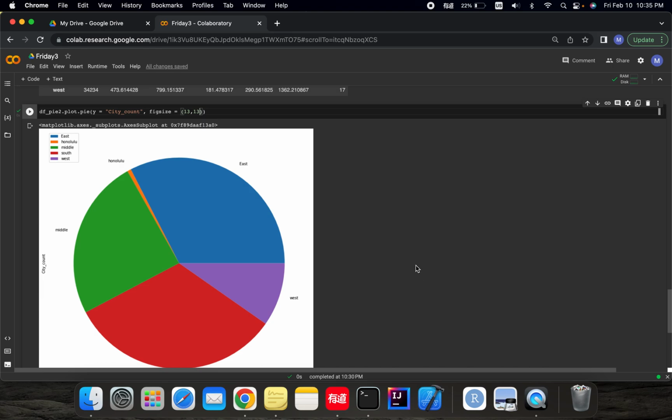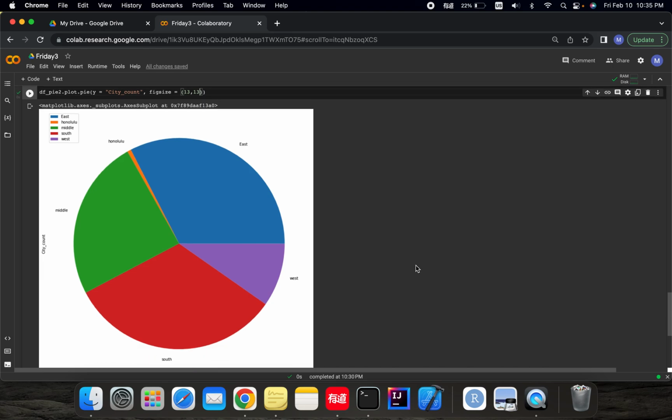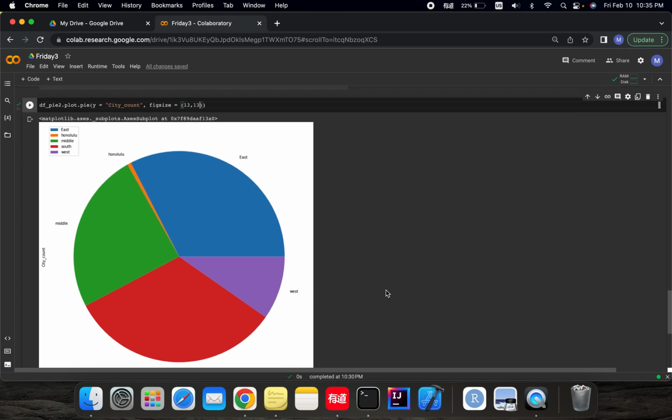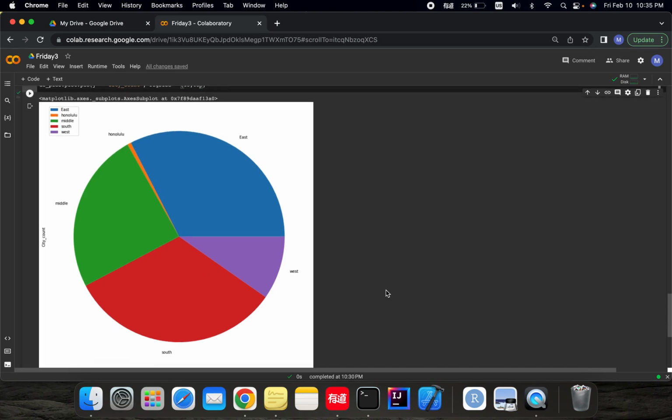And you can kind of tell that east and south cities are a little bit the same, but they're definitely more than the west and the middle. So what does this tell us? Does this tell us that cities in the east and in the south are more dangerous, have more crimes?